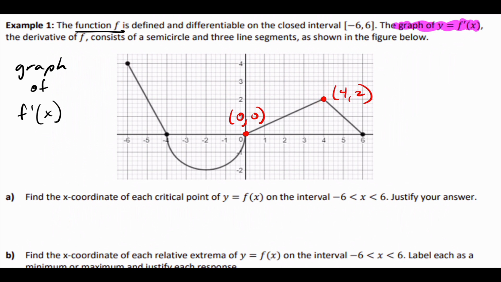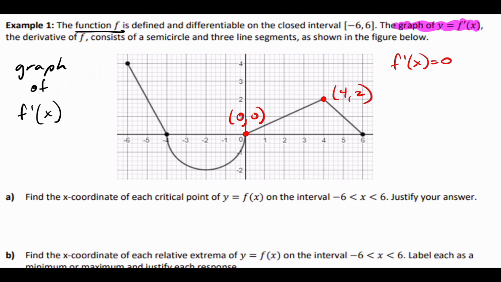Horizontal tangents, right? When do we see horizontal tangents? Think of the last couple days, last week or so. When do we see the derivative equals 0? Maximums and minimums, right? Maximums and minimums.